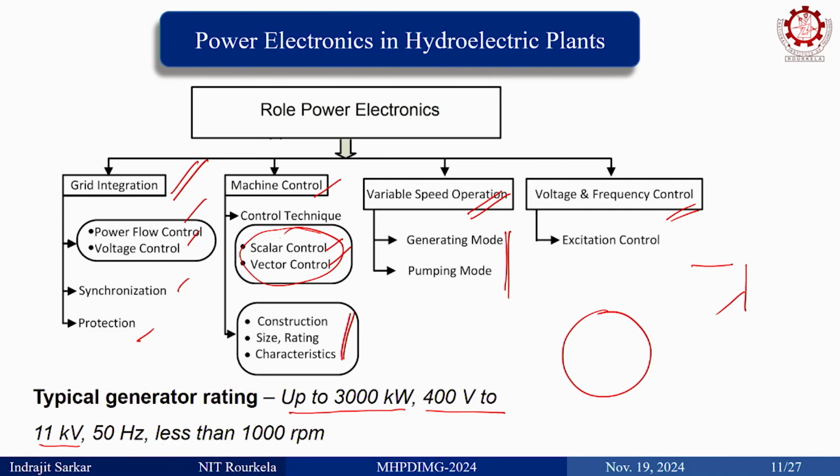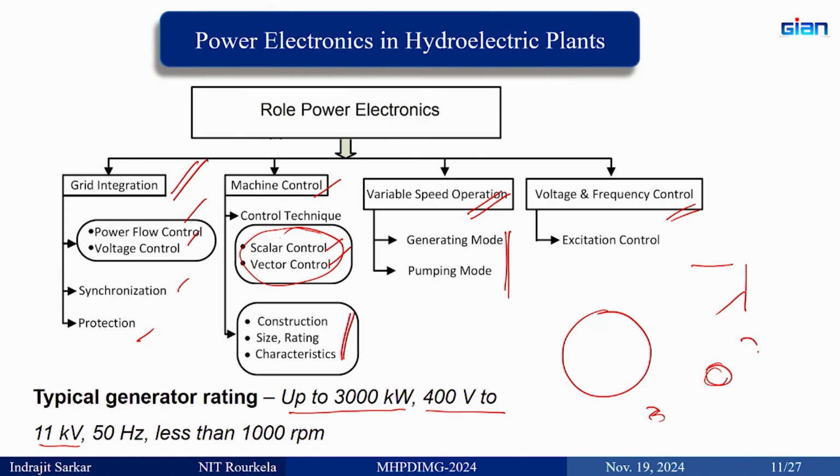When you increase the voltage level, insulation thickness does not increase proportionally, so the conductor size reduces and your machine becomes compact. Low voltage, high current: machine size will increase. High voltage, low current: machine size will reduce. You will have a compact solution.